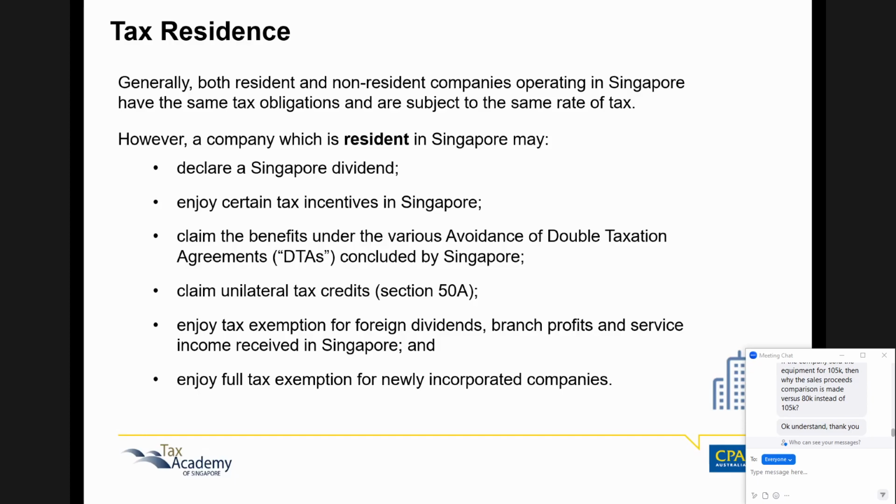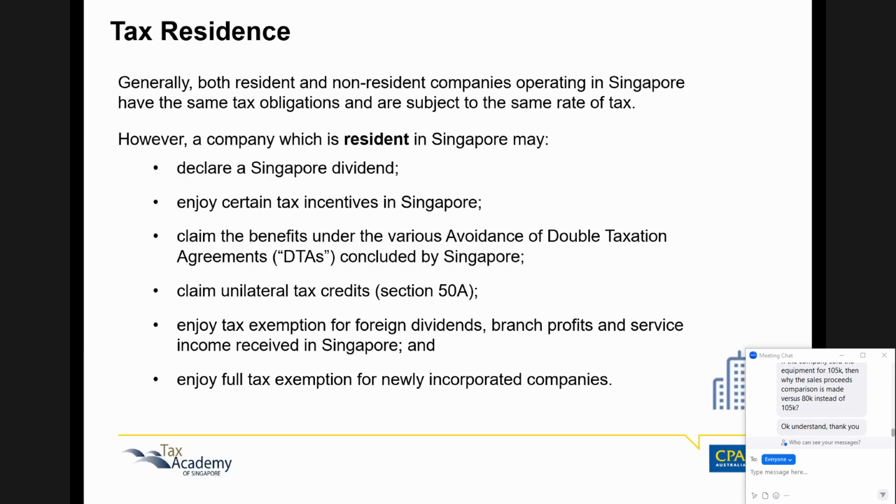And for companies which have transactions with other entities outside Singapore, they also benefit from the avoidance of double taxation agreements, what we call the DTAs, concluded by Singapore, because whether you can enjoy the benefits under the DTA depends on whether you are a resident of Singapore or not.